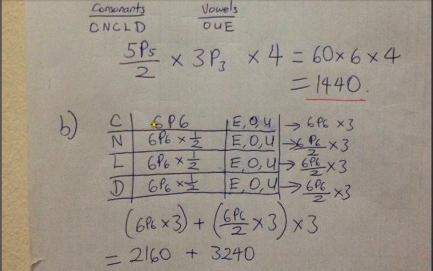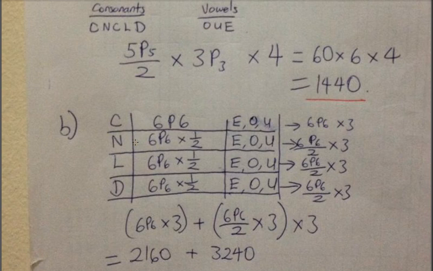That's because there will be 6 positions here to permutate 6 letters. We have to multiply by 3 because there are 3 possibilities for the vowels. It may end with an E, an O, or a U. So that's why if we start with a C, we have to take 6 permutate 6 positions multiplied by 3.